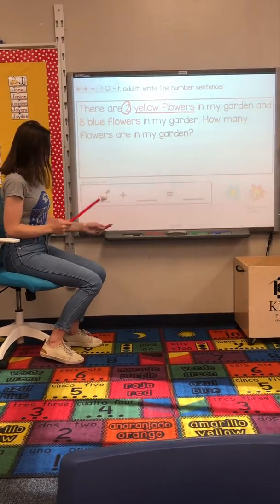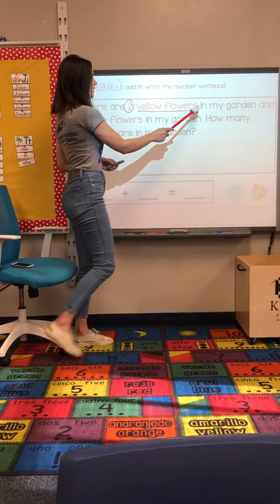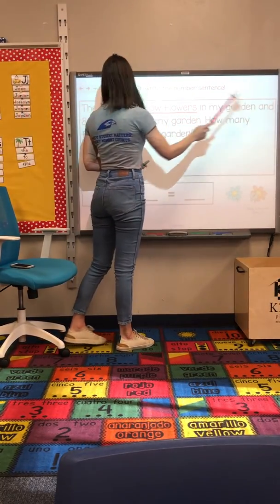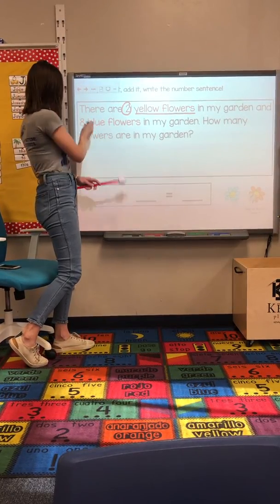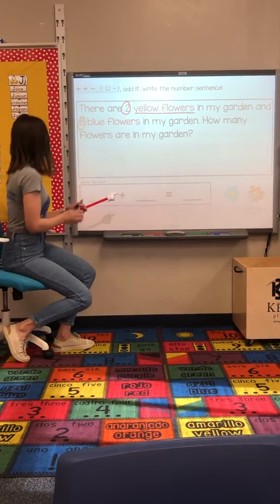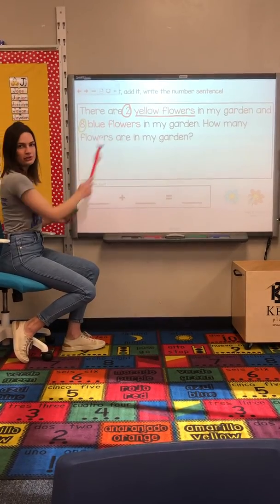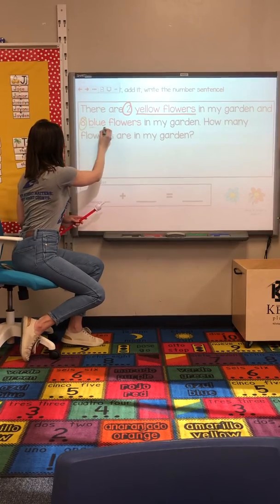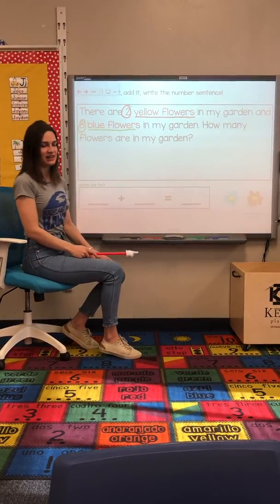Now let's keep reading, and when we find a new number, we'll circle it in green. In my garden, and 8, that's another number. Let's circle the number 8. There are 8 what? Blue flowers. Let's underline blue flowers. Good, so now we know what we need to add together.